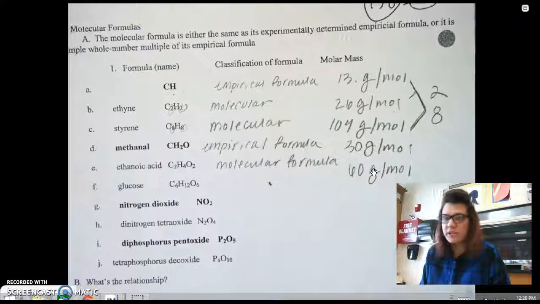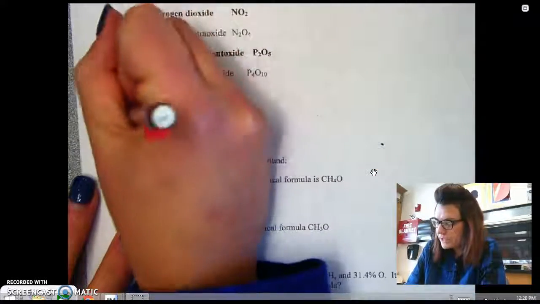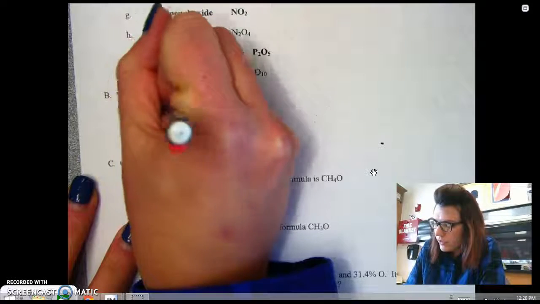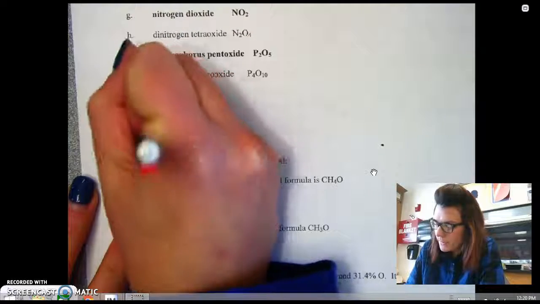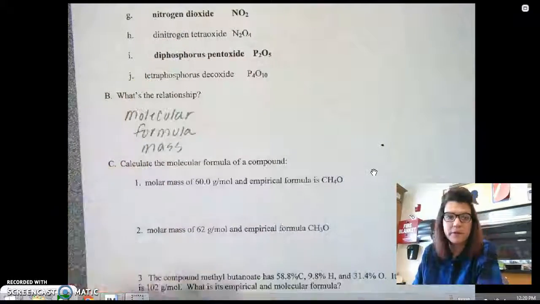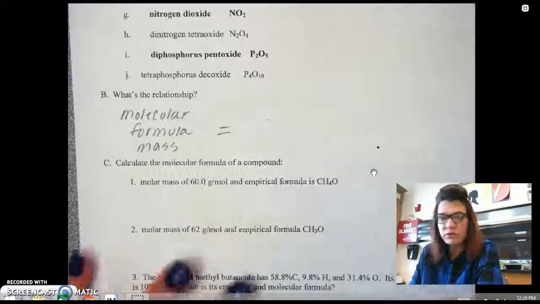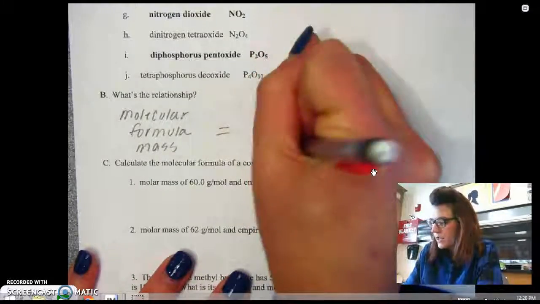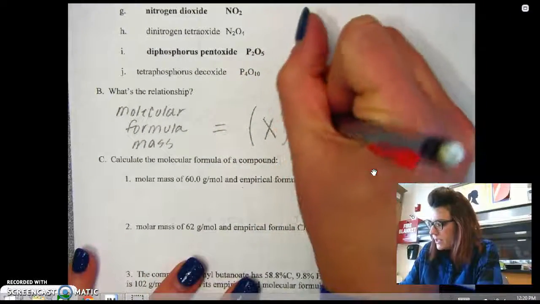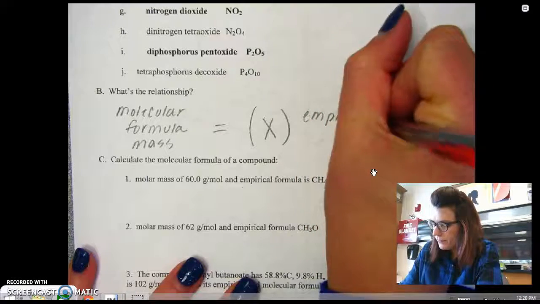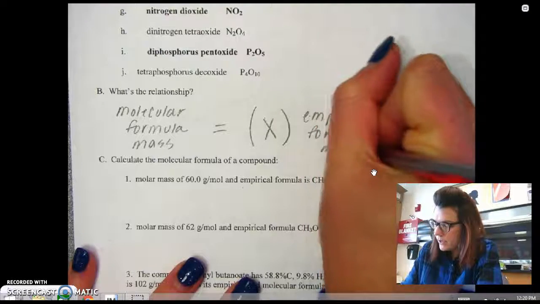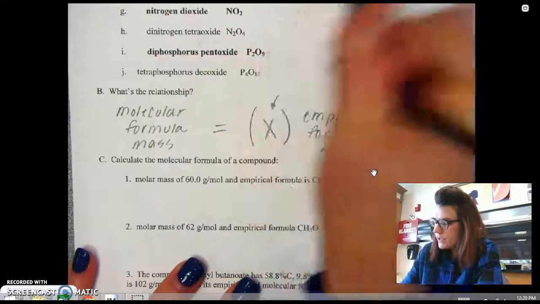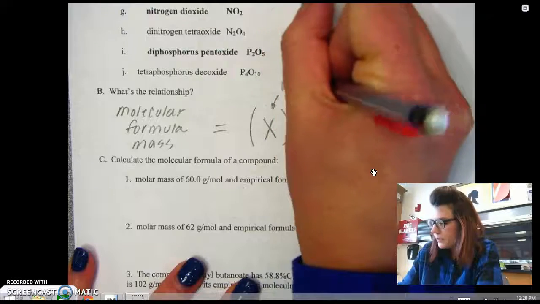Okay, so the relationship that we can develop between the two of these is a mathematical relationship, and what I can say is the molecular formula mass is going to be equal to X times the empirical formula mass, where X is some whole number.